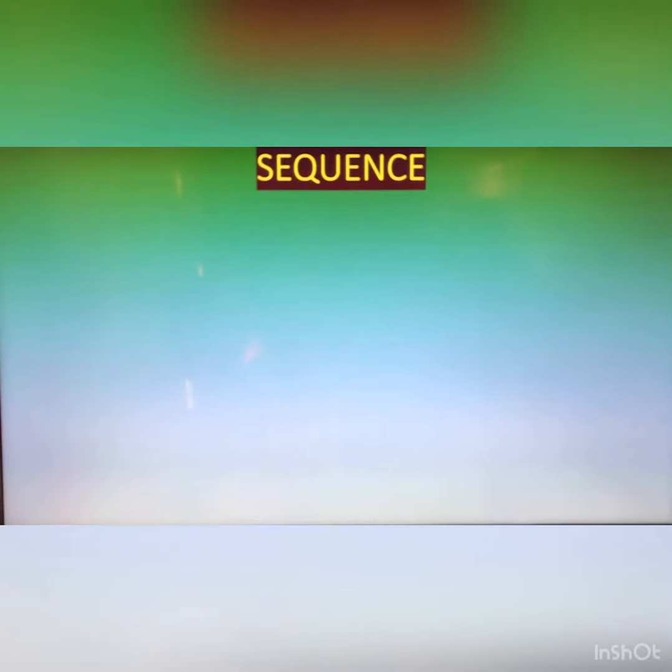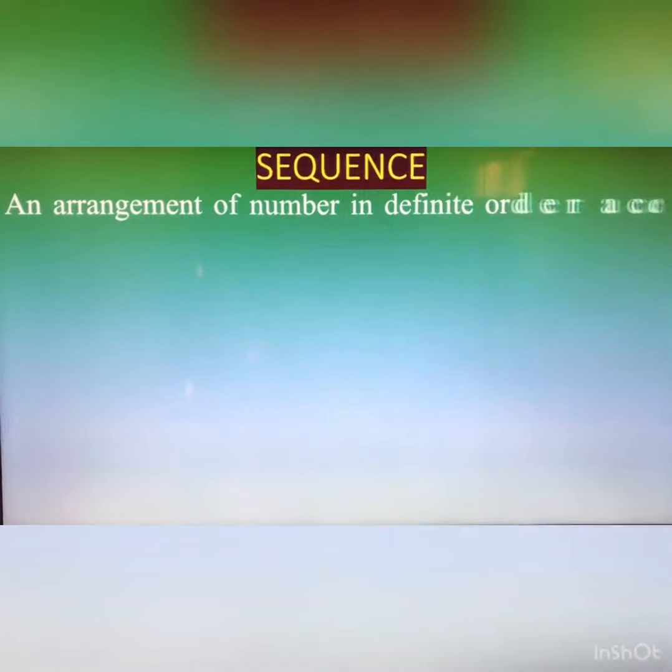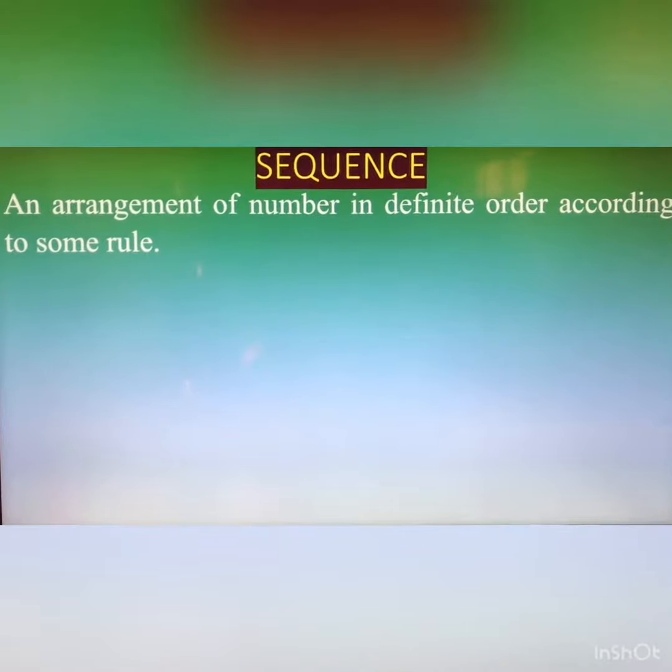Sequence. What do you understand by sequence? An arrangement of numbers in definite order according to some rule is known as a sequence.